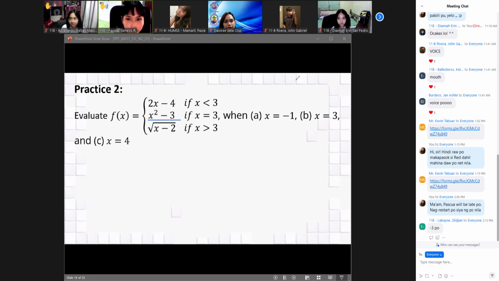So let's try. Bagong challenge pala to, ma'am. Ang hirap mag-annotate. Sige lang, kaya nyo yan. Magagawa natin yan every time na may online class tayo.